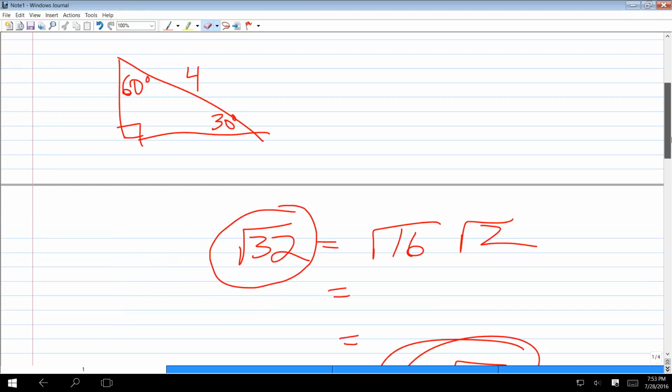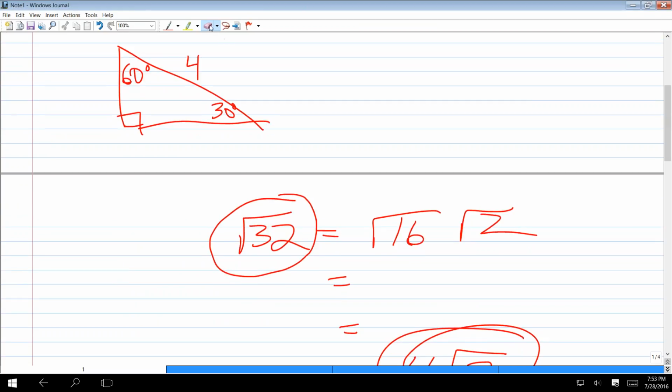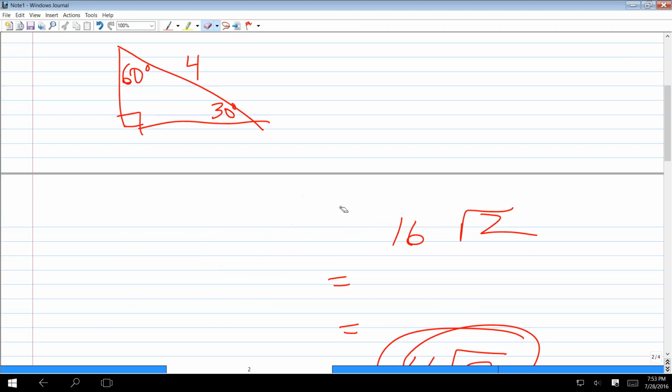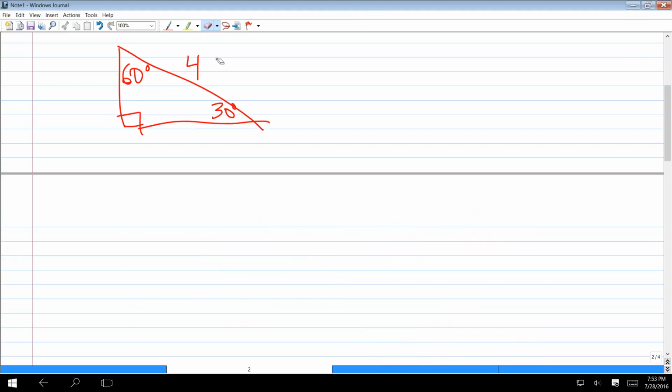Notice that in this problem, I don't have two sides. I only have one side. But it's a 30-60-90 triangle. That's one of the special triangles.